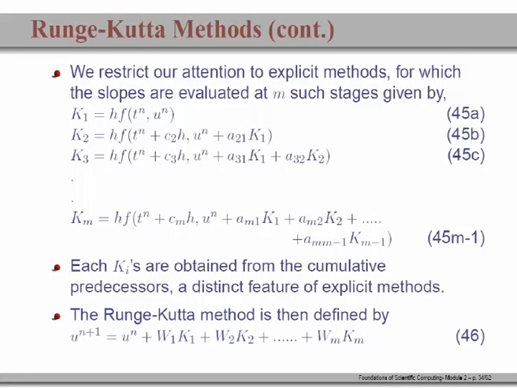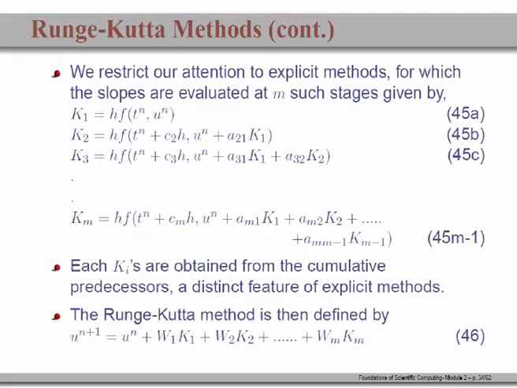For example, if you restrict your attention to just explicit methods, then you would keep on calculating, let us say, slopes at m such points. So, m is at your disposal; you decide upon how many stages you would like. We have chosen these intermediate stages in such a way that each k i could be obtained from the information you have collected up to that point. So, for example, we have information at T n, so we could immediately calculate k 1.